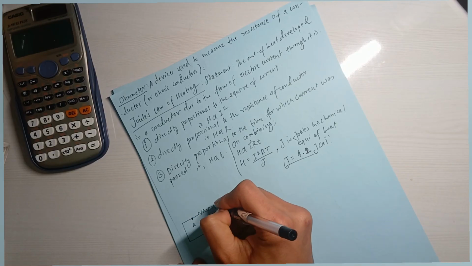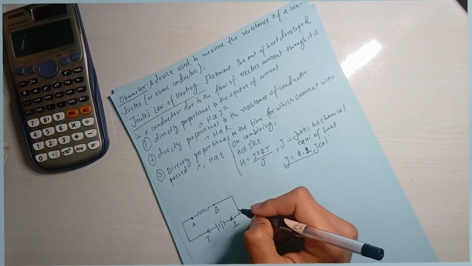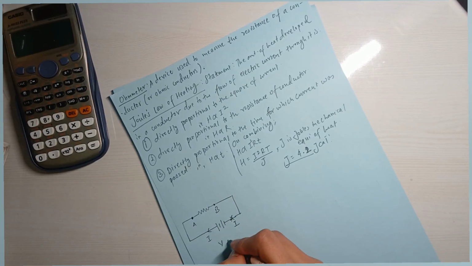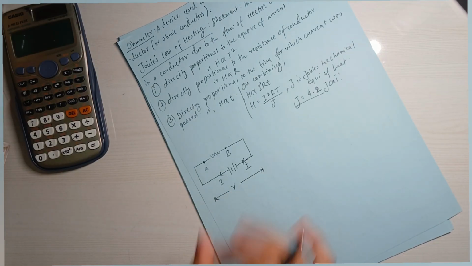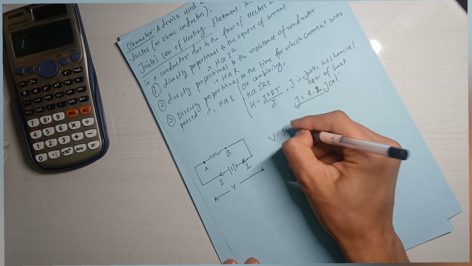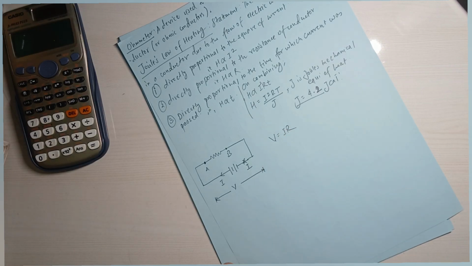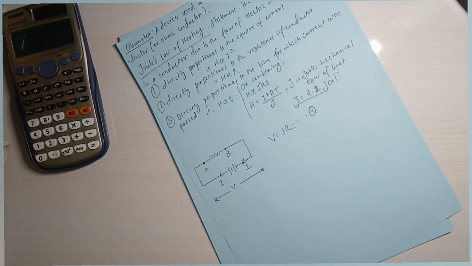The resistance is between the two points A and B, like that, and the potential difference here is V. What we already know here is the formula of V, that is IR, the current flowing through the conductor. So this is equation 1.